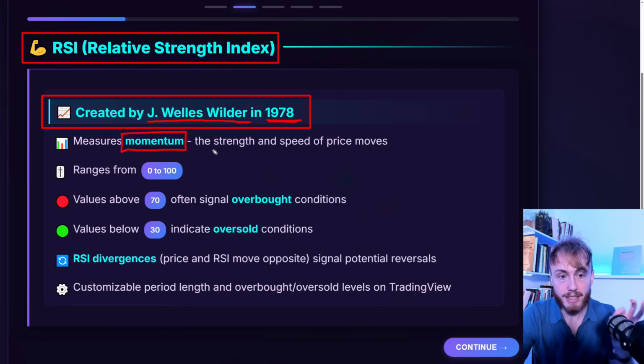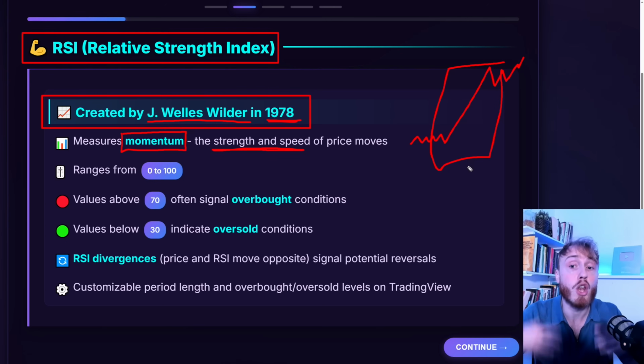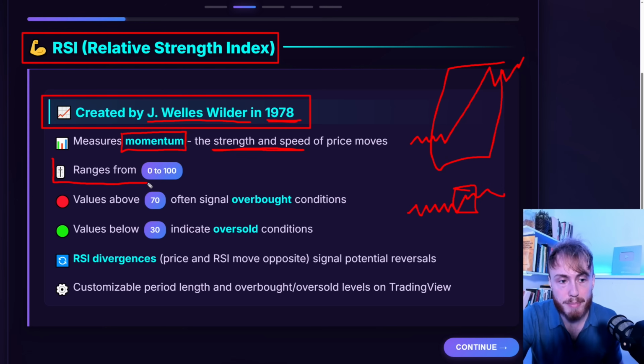Momentum is, simply put, the strength and speed of price moves. So if we have a chart that goes like this, and then we have a part that moves up like this, right here is lots of momentum. While if we have a chart that moves like this and then the move is much smaller, this right here is less momentum. To measure momentum, the RSI moves between 0 and 100.